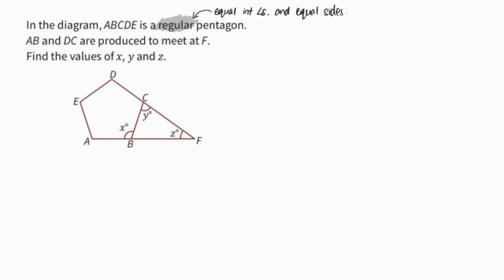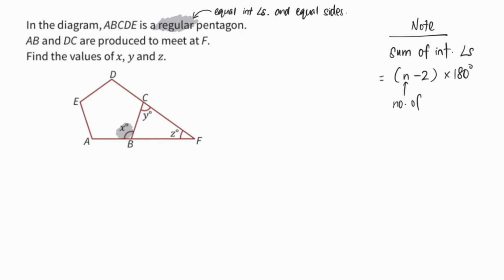Okay, so with that knowledge in mind, I will then be able to get x fairly easily because knowing that it is a pentagon helps. Please also do remember that the sum of interior angles for any polygon is n minus 2 times 180 degrees, where n is the number of sides.